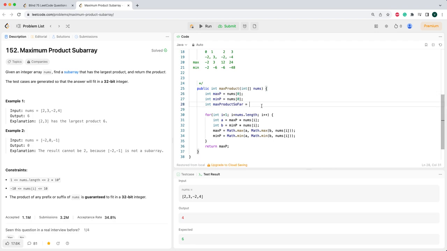So let's say it's max p, and this will be the Math dot max of max product so far and max p, right? And I think this should be this one.